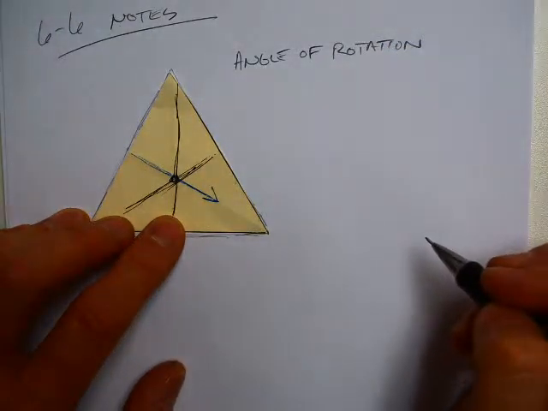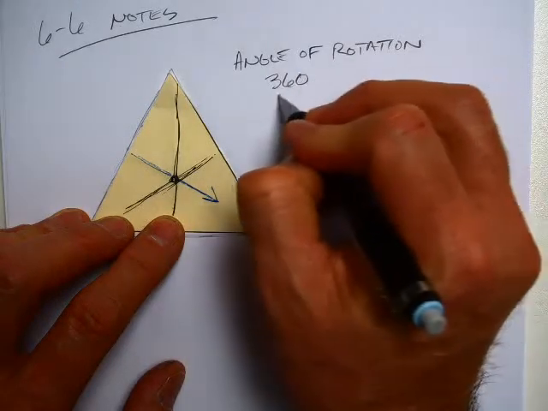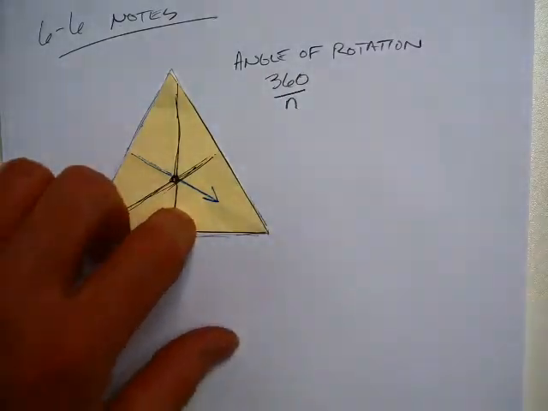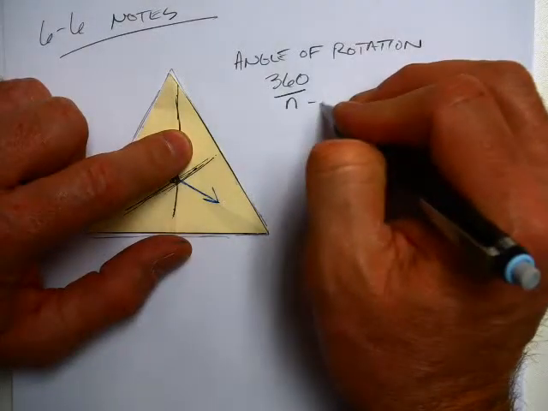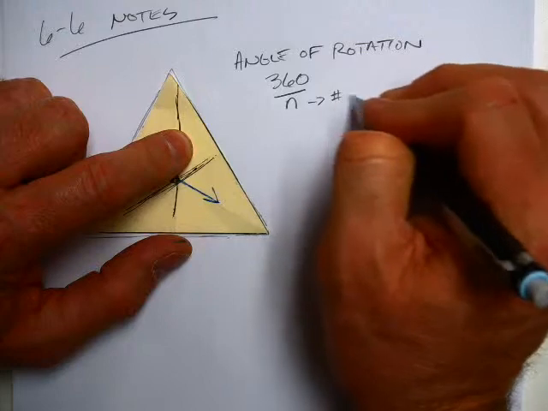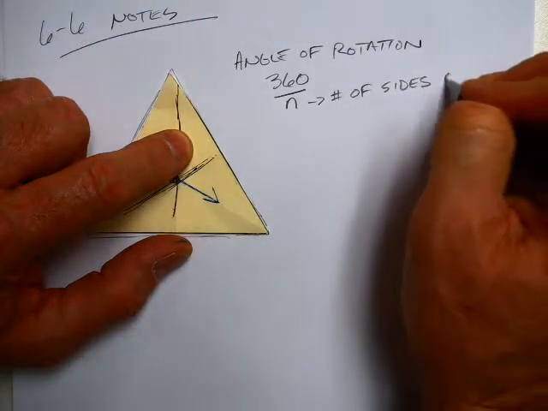can be found by dividing 360 by the number of sides of a regular shape, where n is the number of sides. And what's a regular shape?